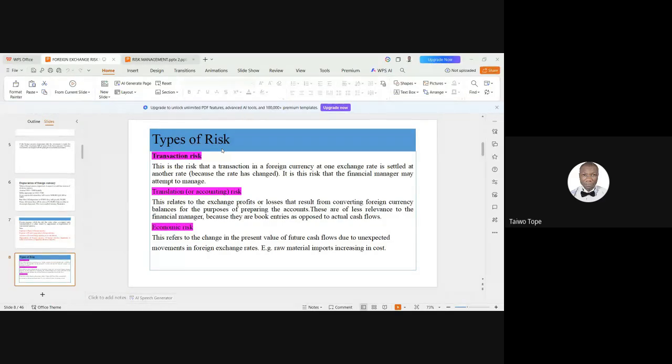So which IAS is talking about translation? IAS 21. That is the effect of changes in foreign exchange rates. That is IAS 21.